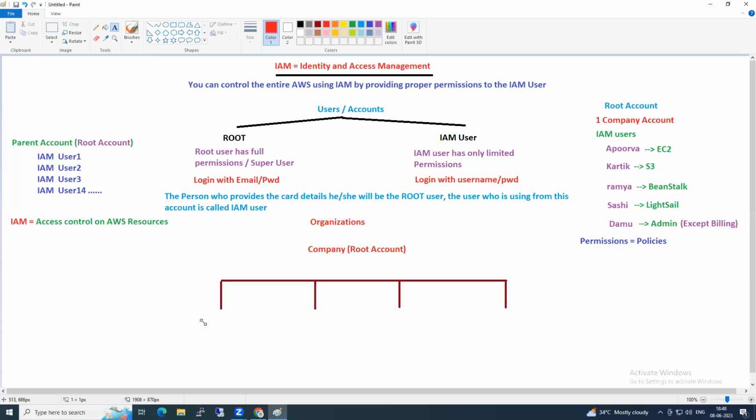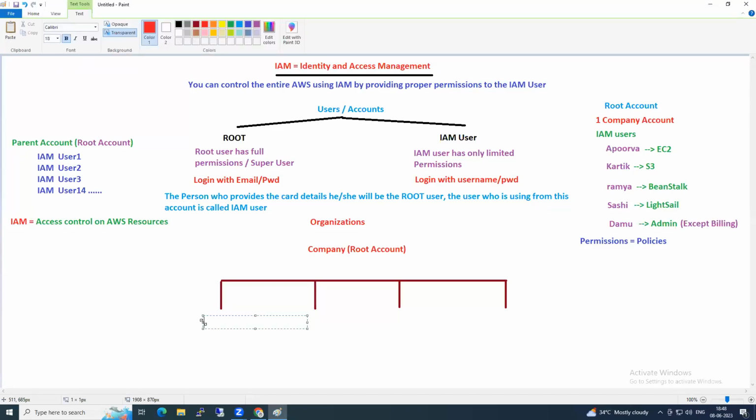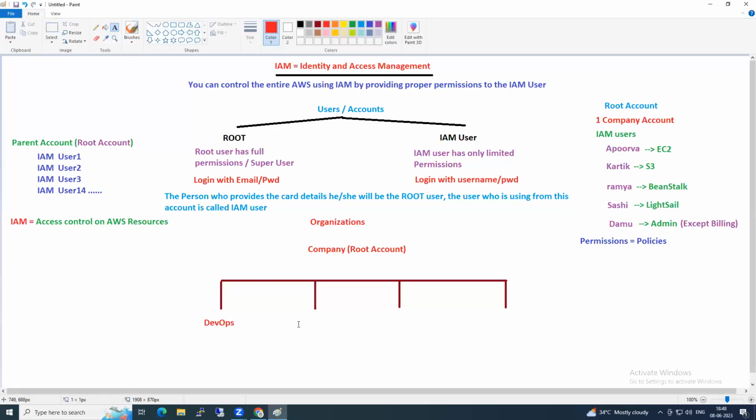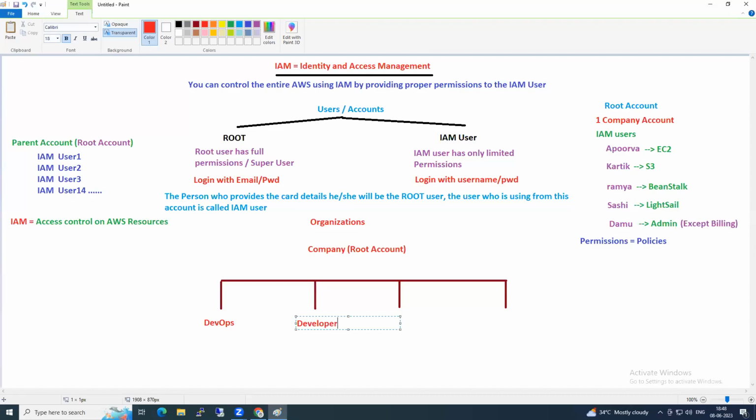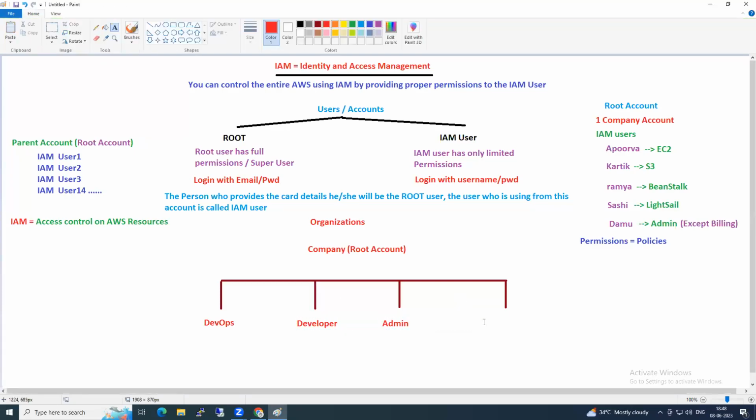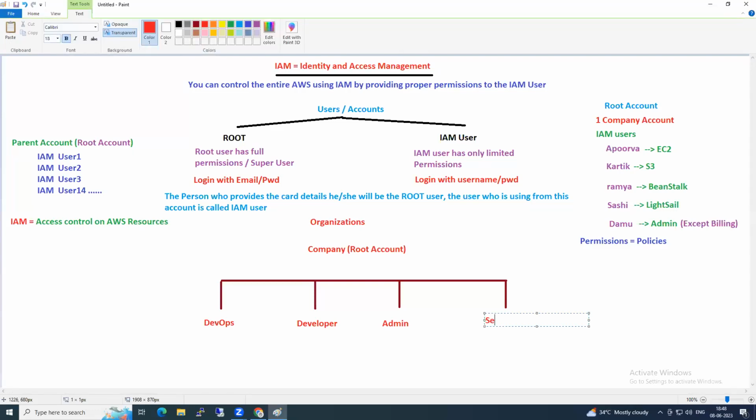Don't use the terminology parent account and child user, don't use those wordings. Call them purely root account and IAM account, simple. So let's say this is the DevOps team, and this is the developers team. This is the admin team. This is, yes, correct, Akhil, the security team.